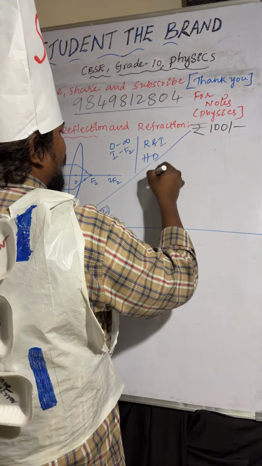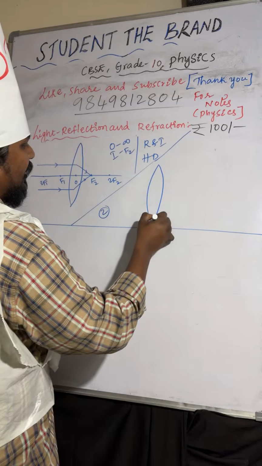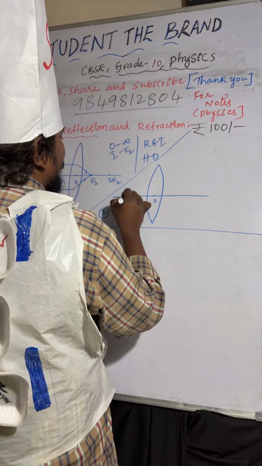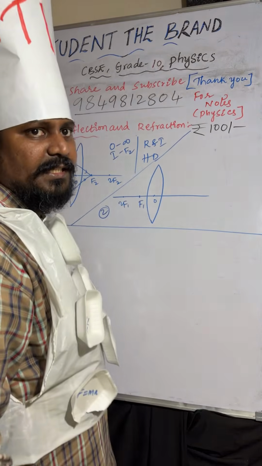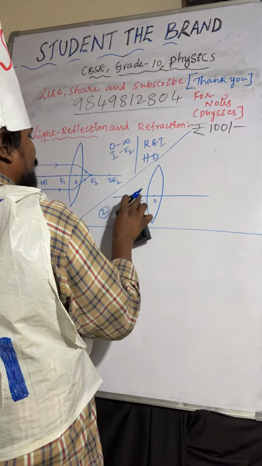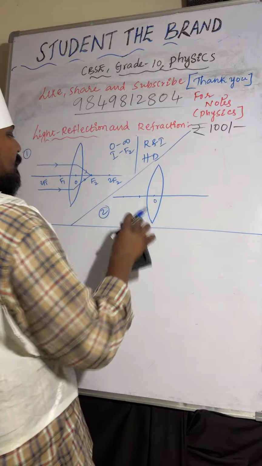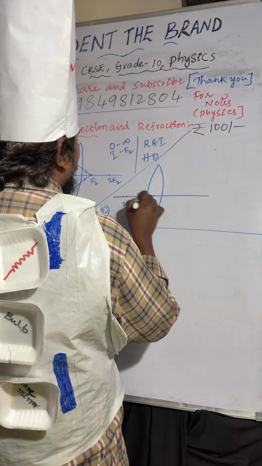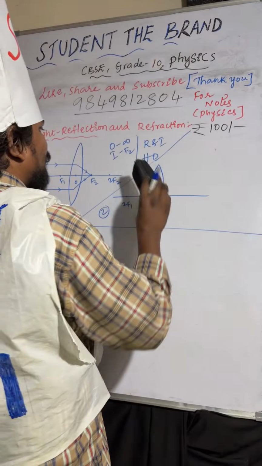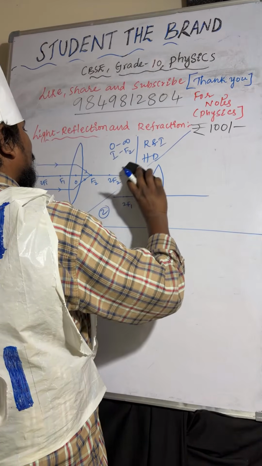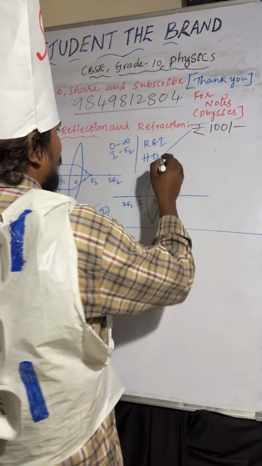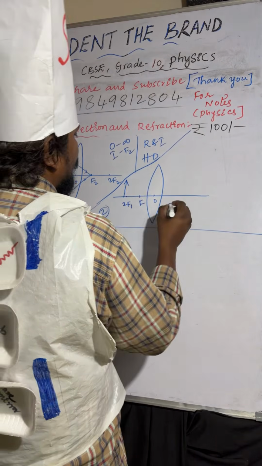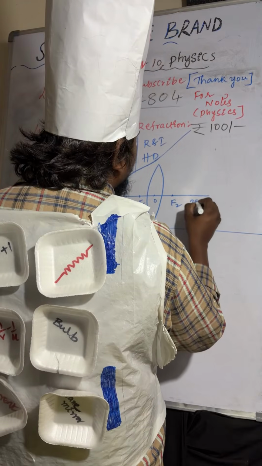Coming to the second one. Object is placed. Optic center, F1 to F1, F2 to F2.